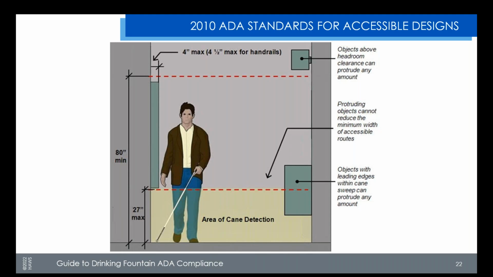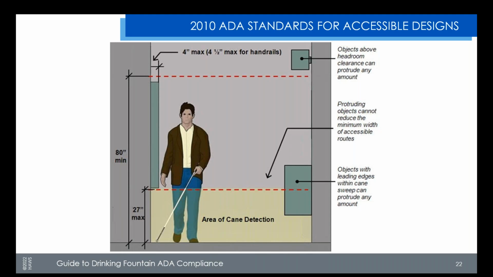Now the same rule applies for elements at or above 80 inches from the floor. Okay, that's called headroom clearance. And similar to the previous example, can extend any amount into the space as we like. Now on the left, we have the opposite of both examples.